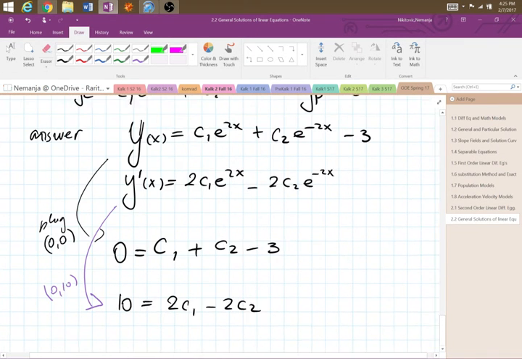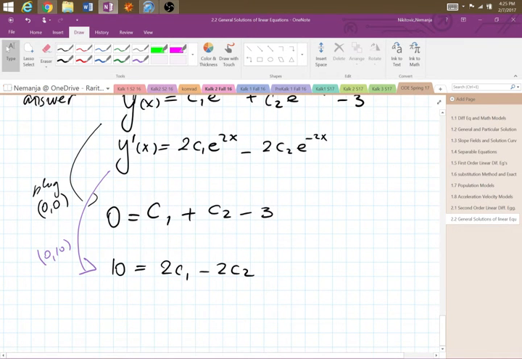All right, solve the system, and we're good. C1 plus C2 is 3, and if we cancel here, C1 minus C2 is equal to 5.